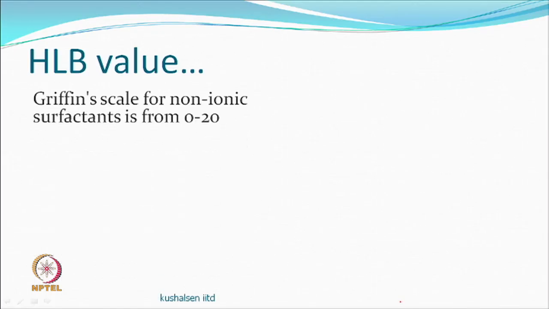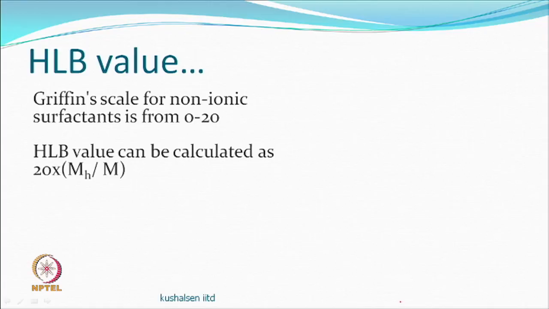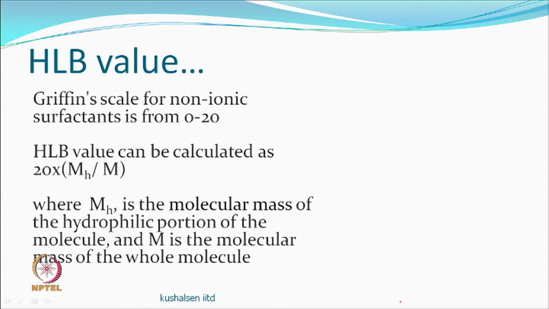So, HLB value of non-ionic surfactants, Griffin had defined the range from 0 to 20. There are other ways of measuring HLB also, but this is one of the ways. So, 0 to 20, 0 is more lyophilic obviously and 20 is very hydrophilic. And what it means can be calculated: 20 multiplied by mH over m, and what are these? mH is the molecular mass of the hydrophilic portion and m is the molecular mass of the whole molecule.